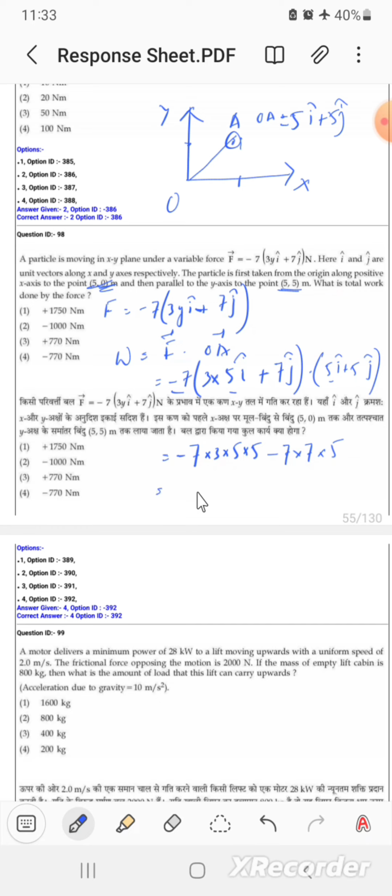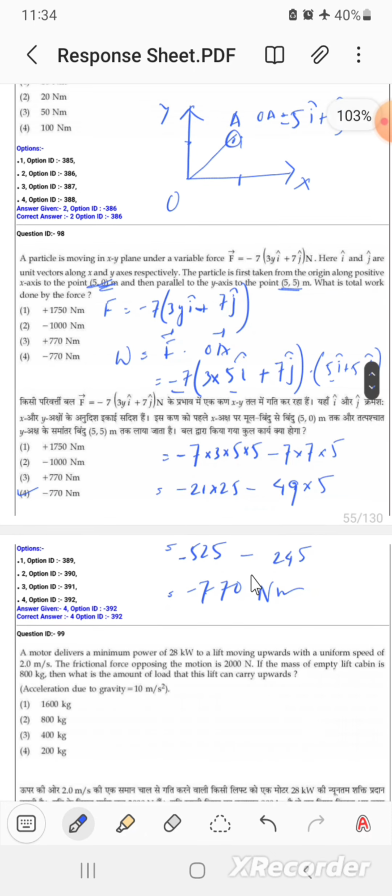Now multiplying the whole thing, finally it is minus 770 newton meter. The fourth option is the correct one.